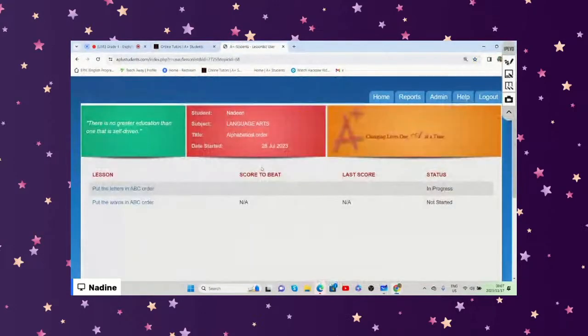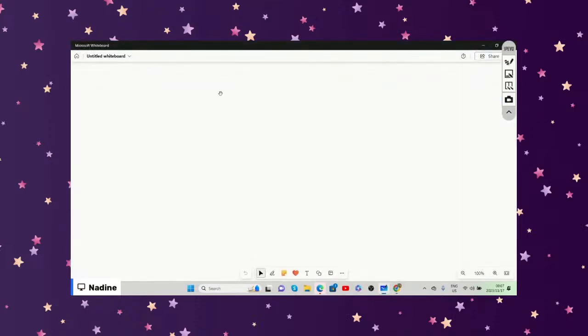In today's lesson, we are going to do alphabetical order and how to put certain letters in the specific order. So the chapter for today is alphabetical order.